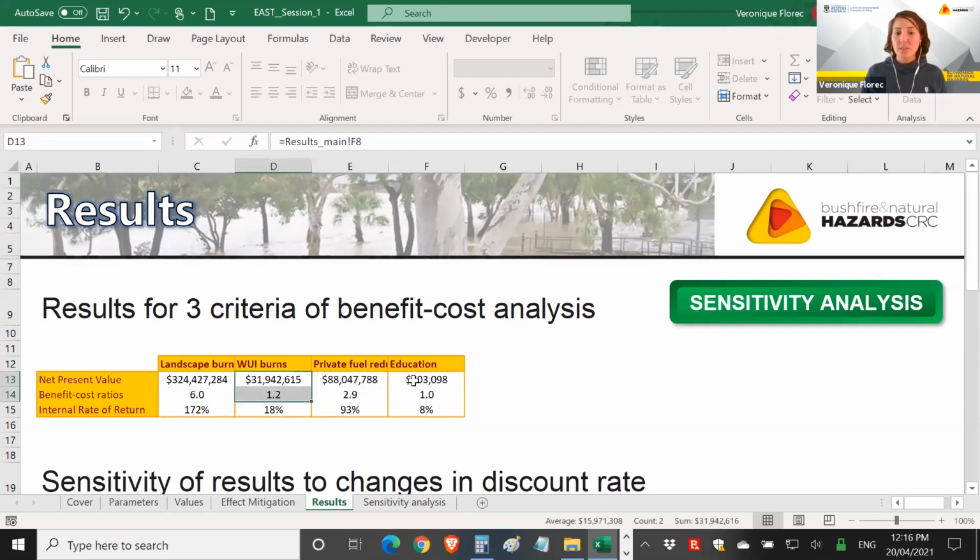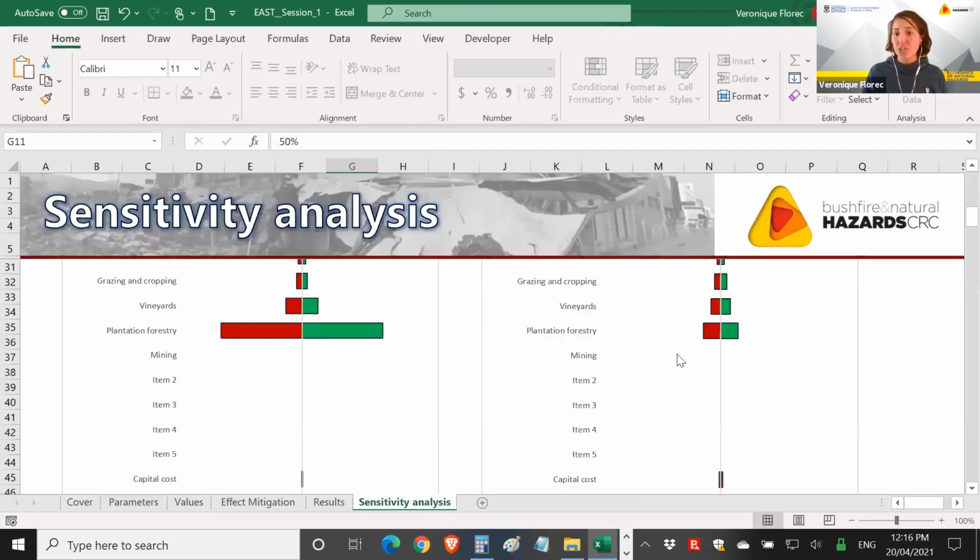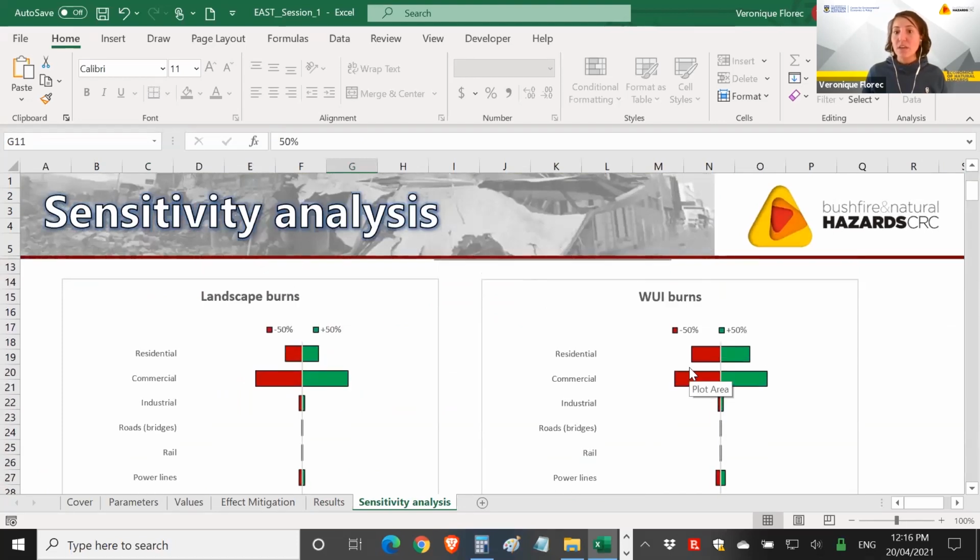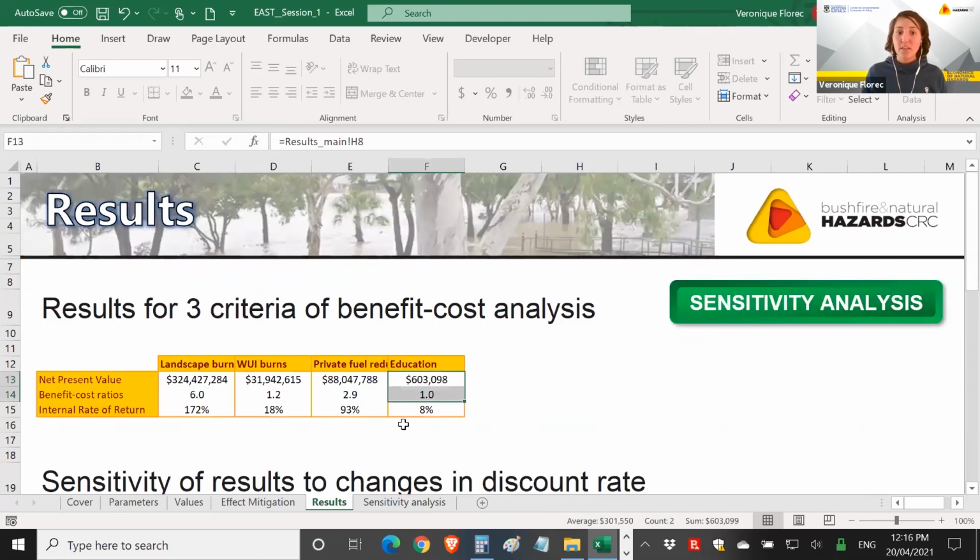This one will be the third and fourth, but for these two, we have a low level of confidence in the results because of the sensitivity they have to changes in different parameters. So for these two options, we need to collect more information in order to make well-informed decisions for prescribed burning and for fuel reductions and education in this particular area.